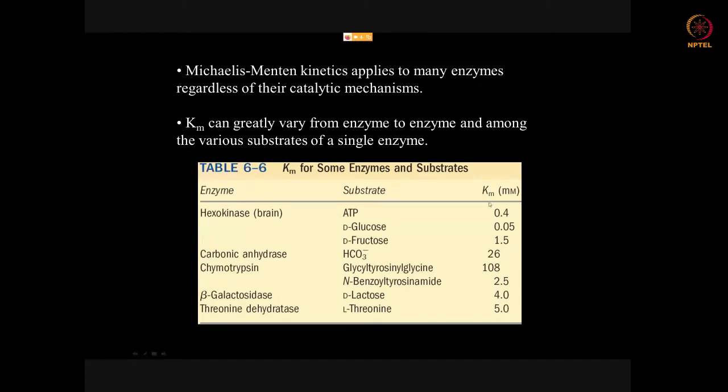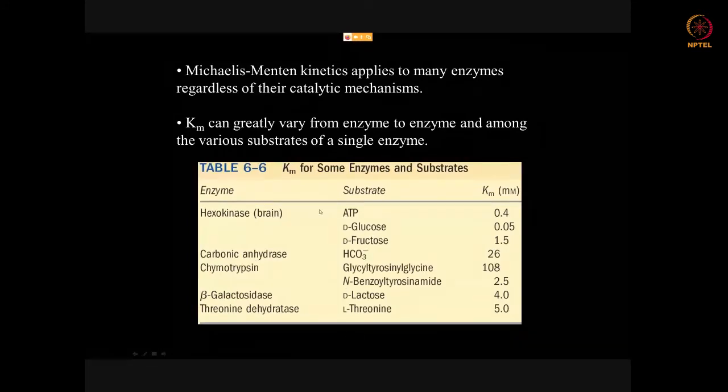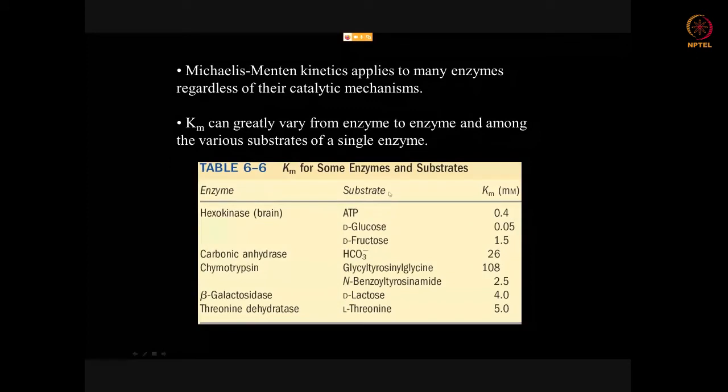So here are Km values for some of the commonly known enzymes with the given substrate. This hexokinase is the one that phosphorylates glucose to glucose 6-phosphate. That's the starting step in breaking down glucose to make ATP.